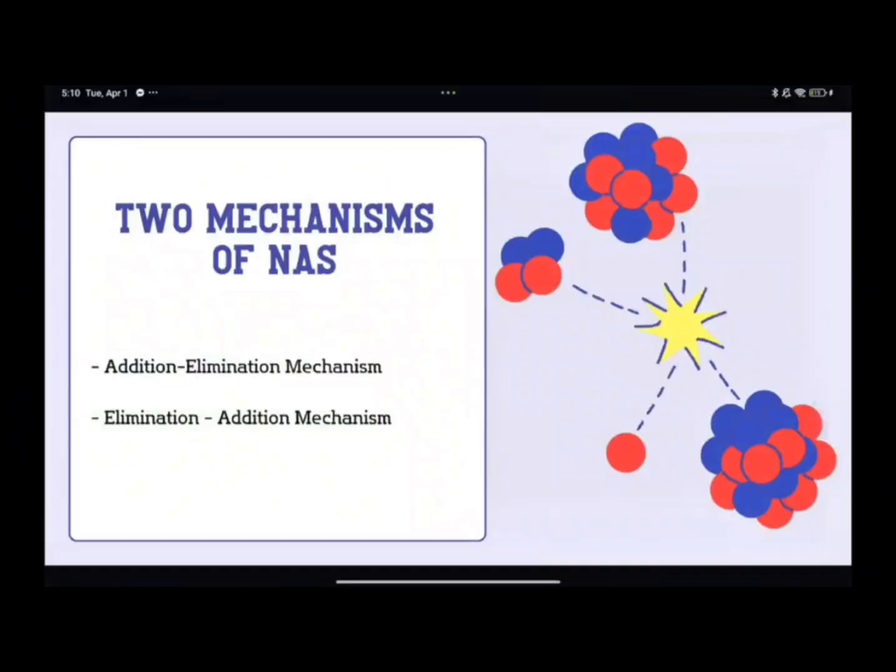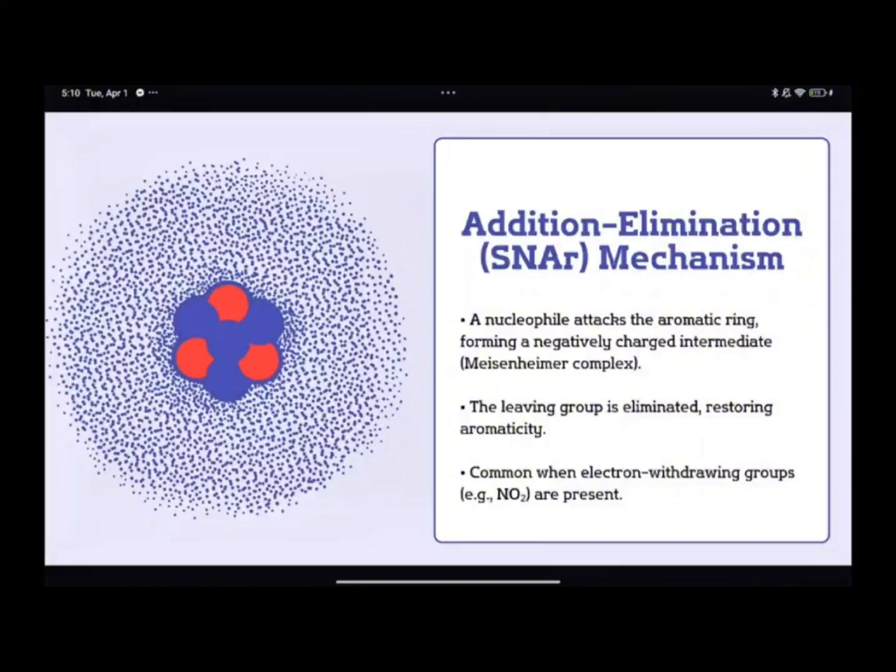There are two mechanisms of NAS: the addition-elimination mechanism and the elimination-addition mechanism. The addition-elimination mechanism starts with a nucleophilic attack on the electron-deficient ring, leading to the formation of a Meisenheimer complex.